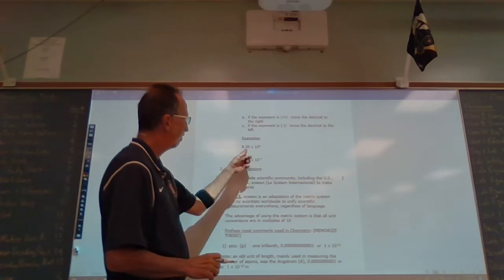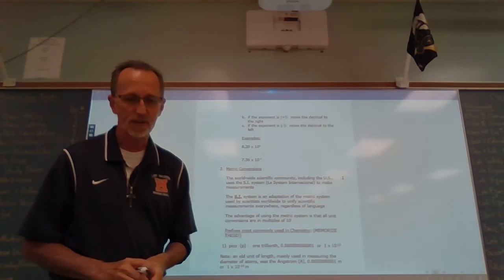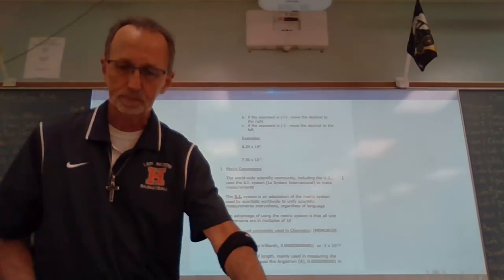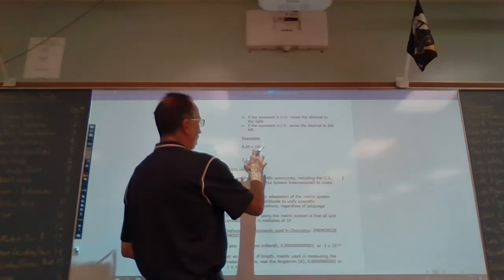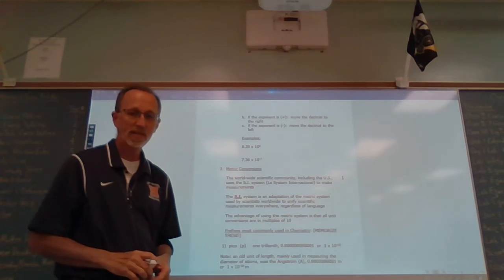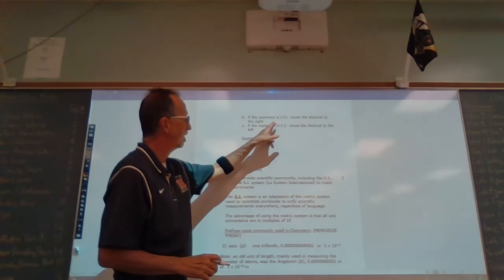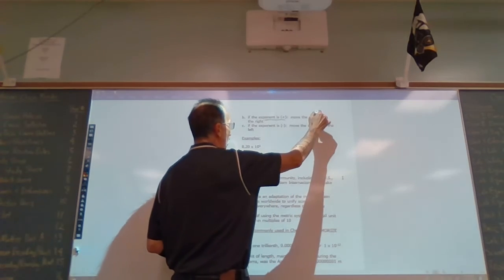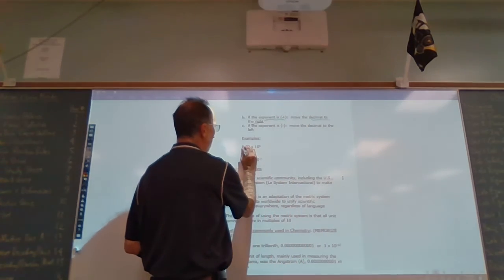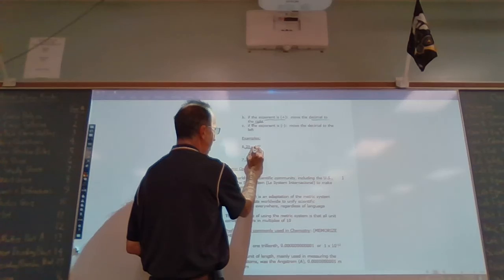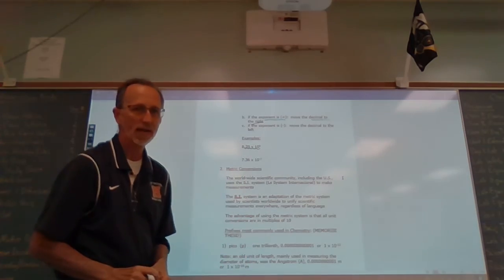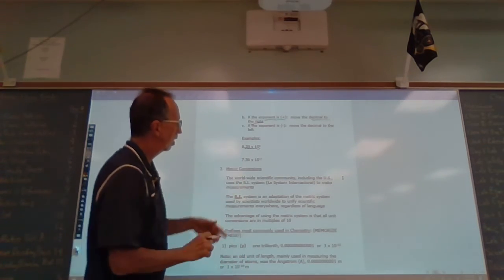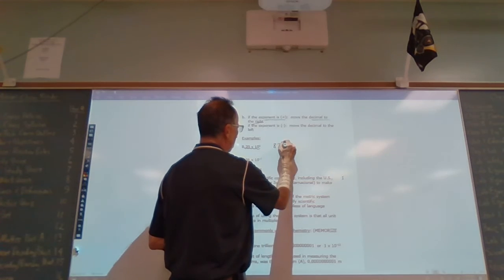So here we have 8.20 times 10 to the fifth. All right. Well, 5 means we're going to move it 5 places. Positive 5 means we're going to move it 5 places to the right. So positive exponent, move the decimal to the right. So we have 1, 2, 3, 4, 5. We're going to start off with 820.